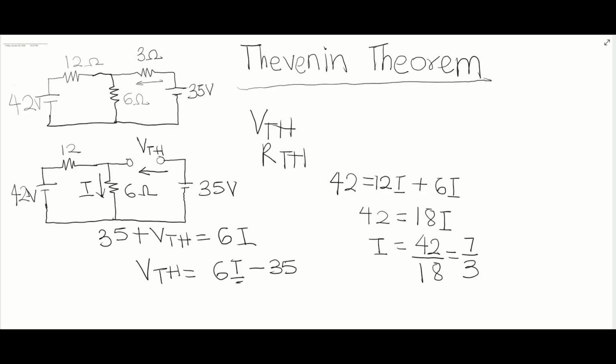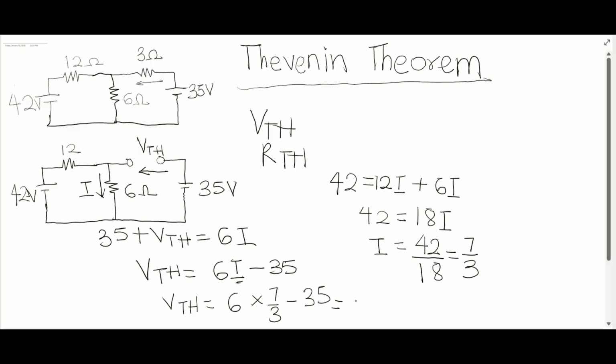So with that in mind, we are going to do a substitution here to find the VTH. So the VTH should be equal to 6 times the current, which is 7 on 3, minus 35, and that is going to give you minus 21 volts.